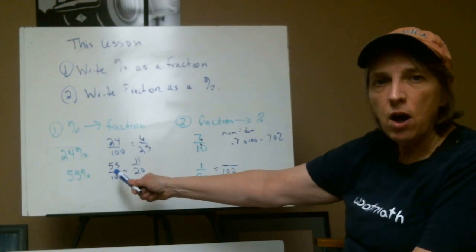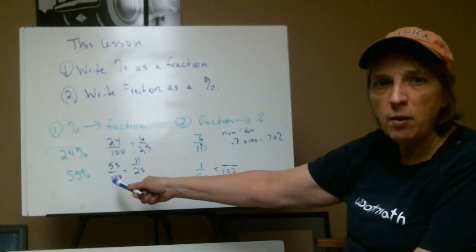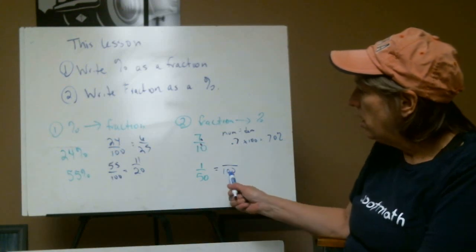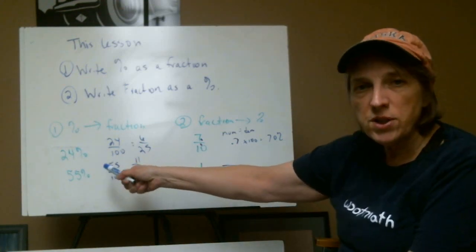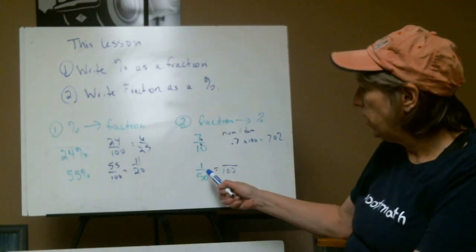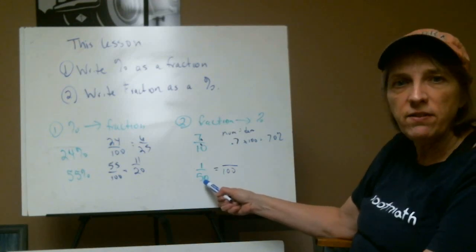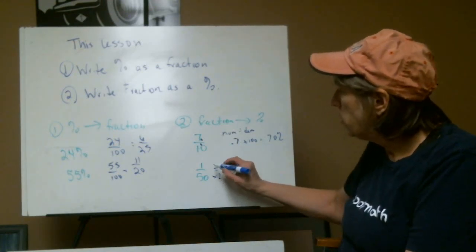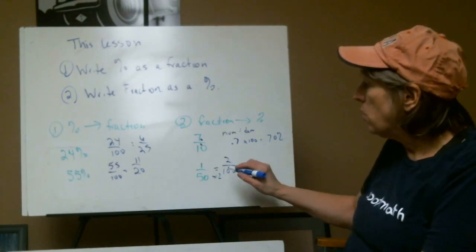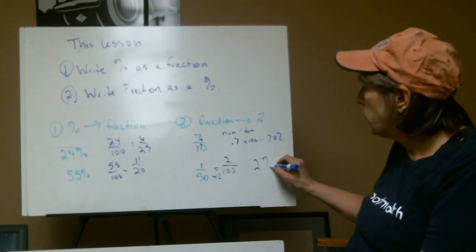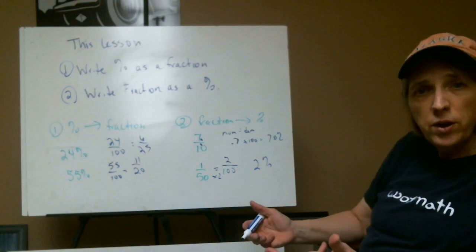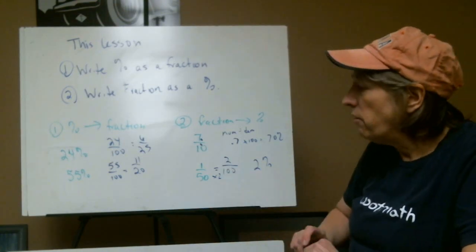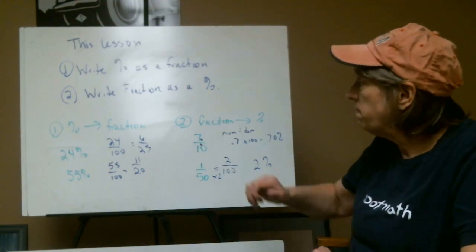If we know that 100 has to be in the denominator when we change it, and we know that all percent is written over 100, we could say, what do I multiply 50 by to get 100? 2. So 2 times 1 is 2. So the percent would be 2%. That's 2 different ways that you can change a fraction into a percent.